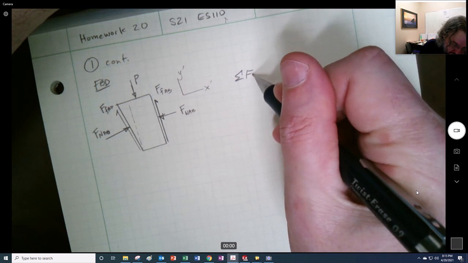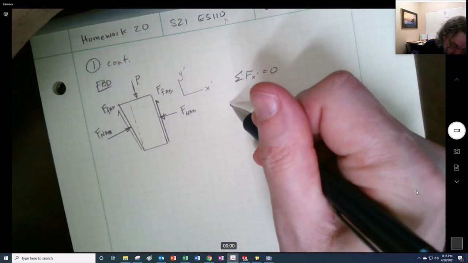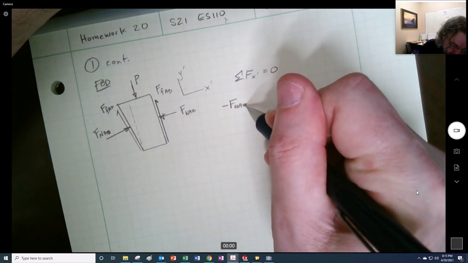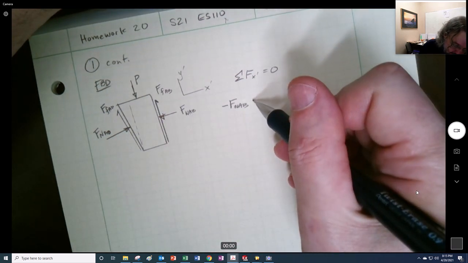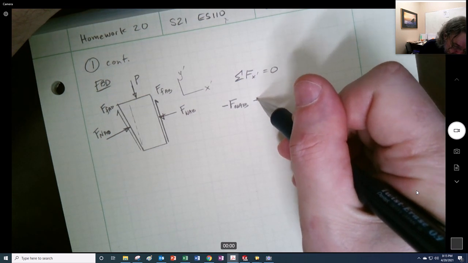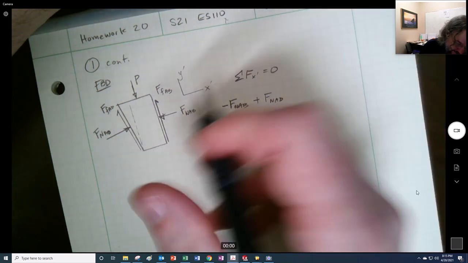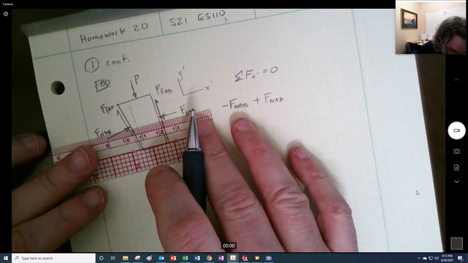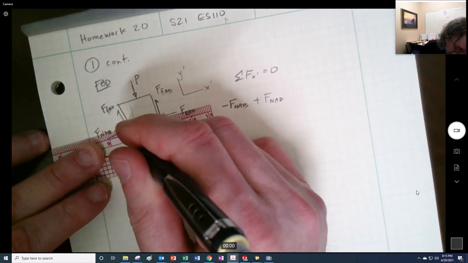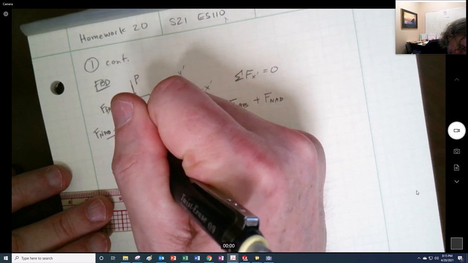Sum of the forces in the x prime direction equals 0. And so we're going to have a negative FNAB. We're going to have a positive FNAD, but let's see, let's draw them this way right there. That right there is going to be beta.